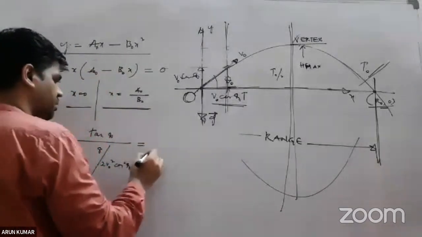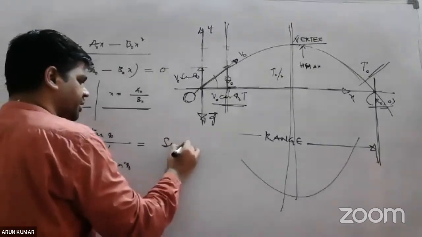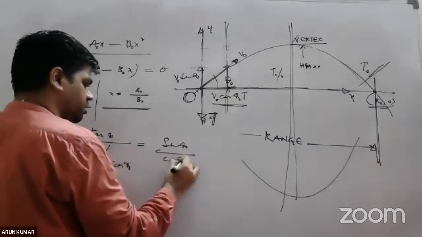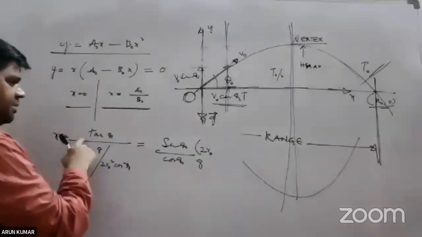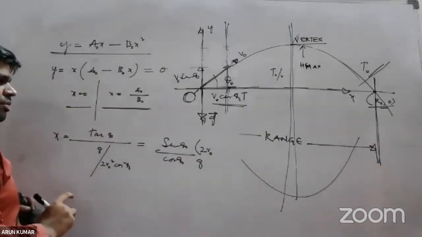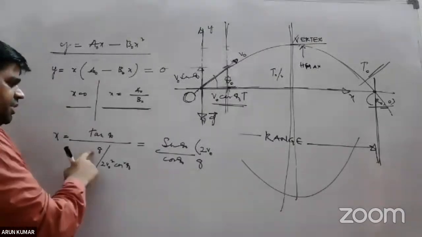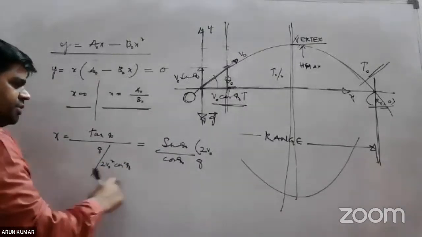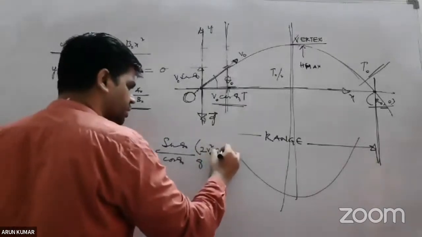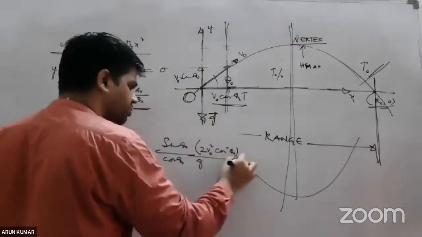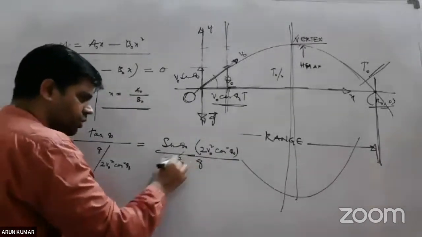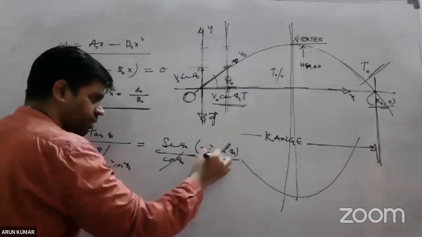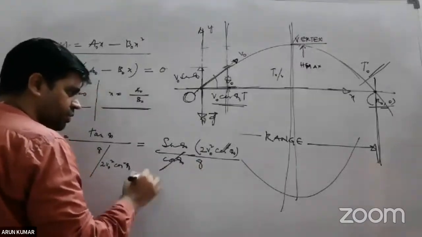Tan theta ni sin theta by cos theta రాశాను. All right. G కింద ఉంటుంది. 2 V naught square cos square theta పైకి వెళ్తుంది. 2 V naught square cos square theta is in the numerator. ఆల్ రైట్, ఒక కాస్ థీటా క్యాన్సిల్ అయిపోతుంది. నౌ వాట్ డు ఐ గెట్?